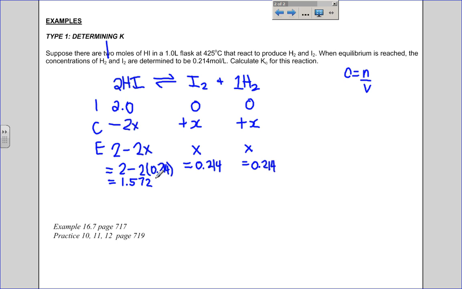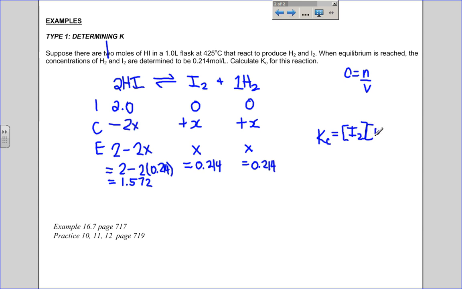Now, because we were given information to find x, and we were able to find all the equilibrium concentrations of these substances in the system, we can now find the equilibrium constant. Because we know the equilibrium law, which gives us the relationship of the concentrations of the substances in the system at equilibrium.